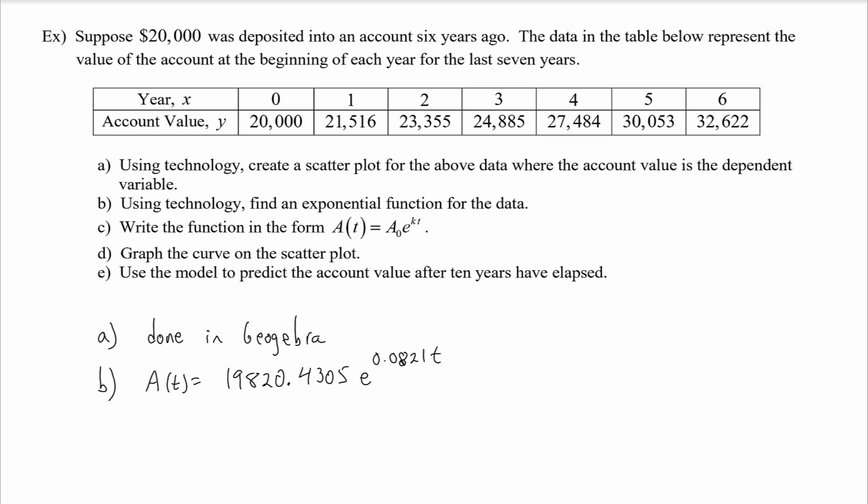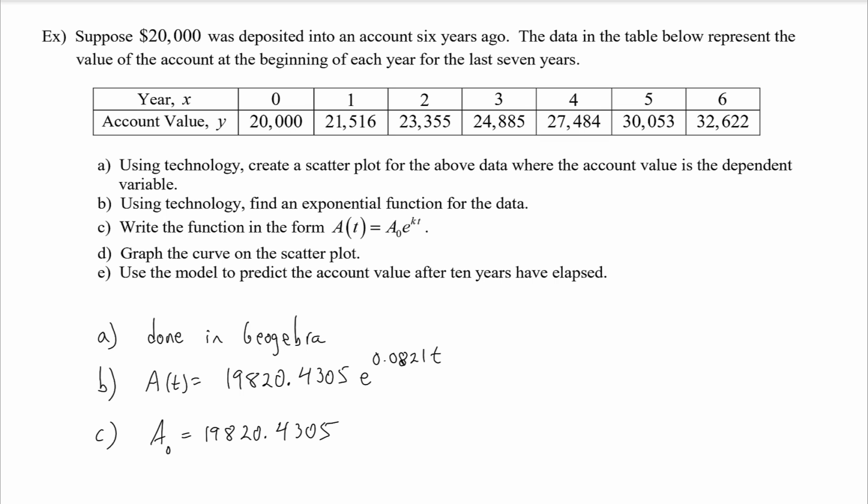Part C, write the function in the form which we've already got, so we're good. For part C, we know the initial amount, again, because it's experimental data, was actually 20,000. But when it found the curve of best fit, the curve of best fit has the initial value of the account being 19,820.